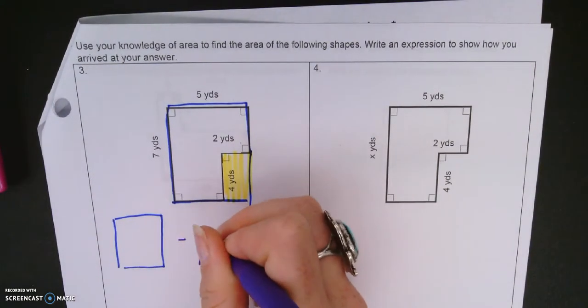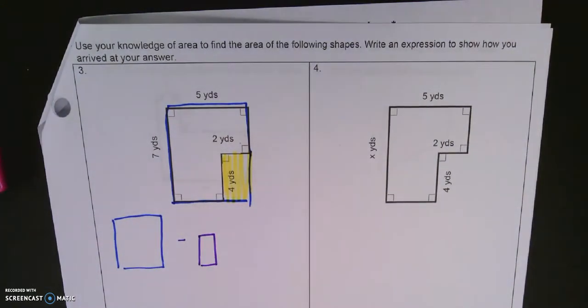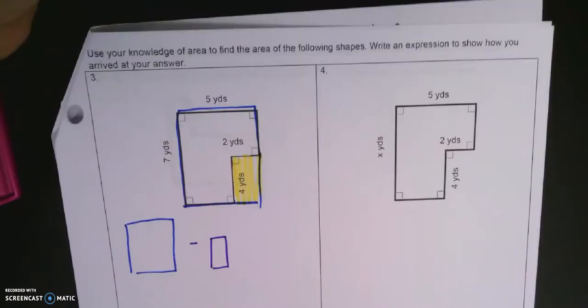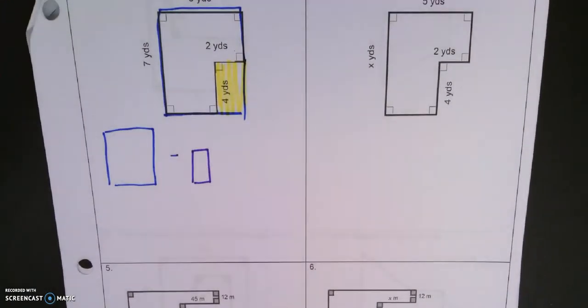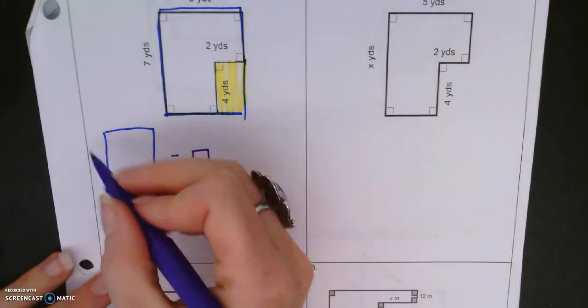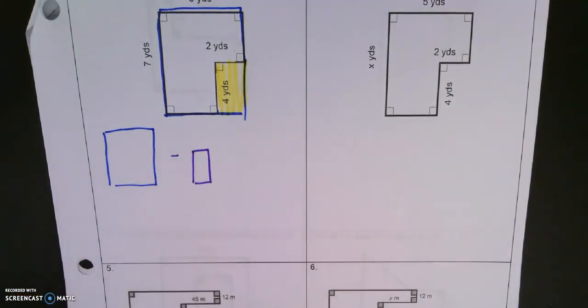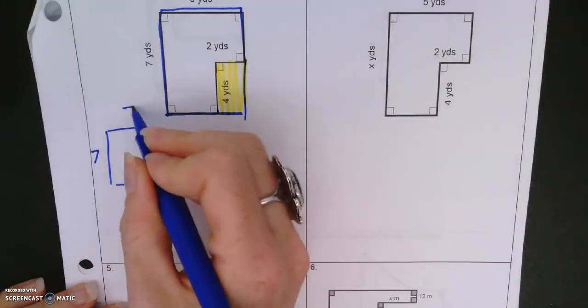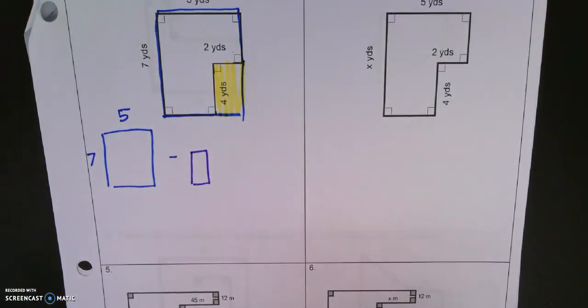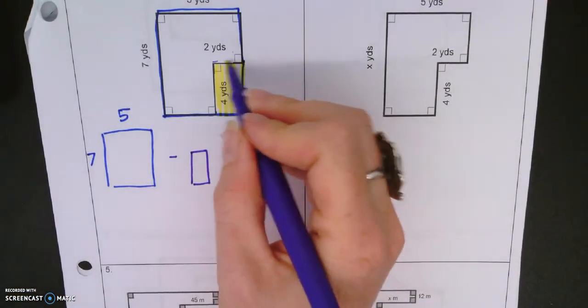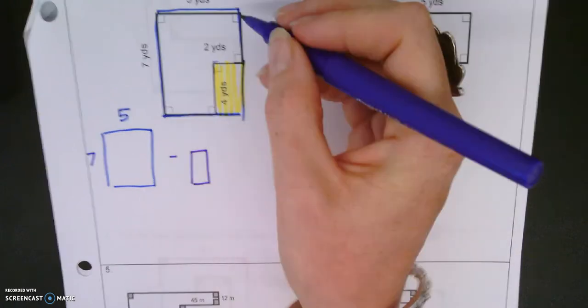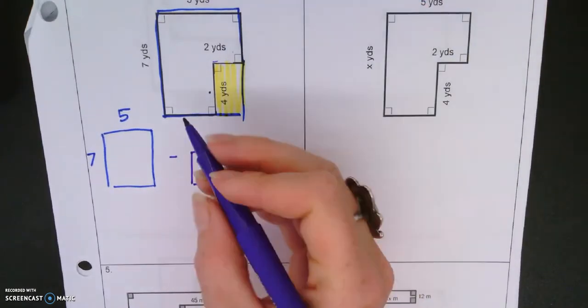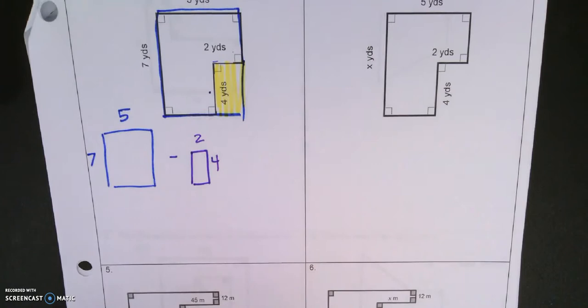So we have this little skinnier rectangle. Okay, let's fill in some numbers so we can find the areas. Our big rectangle is a 7 by 5. And our little rectangle, well, this says it's a 2, and this is a 4, so 2 by 4.